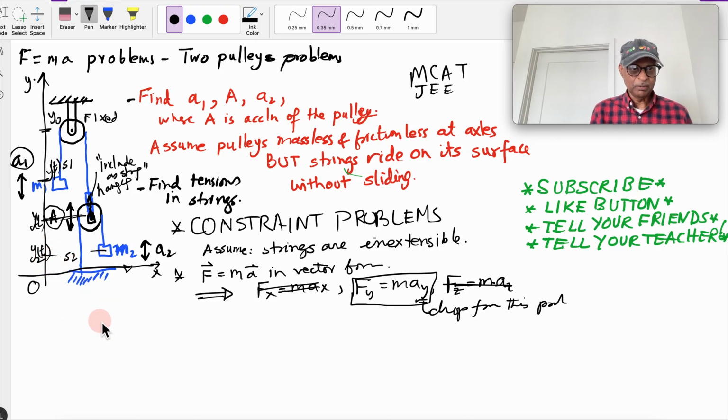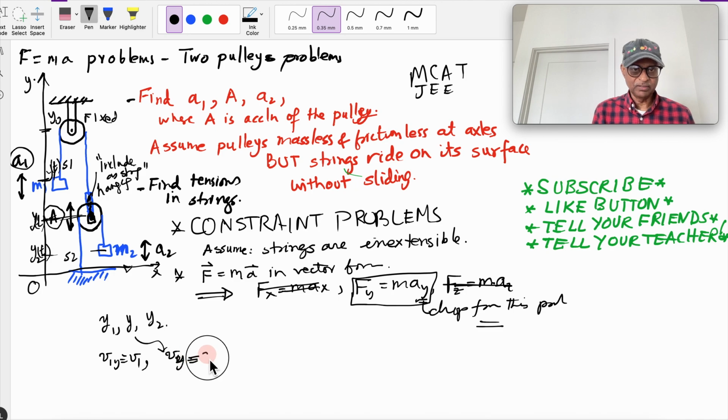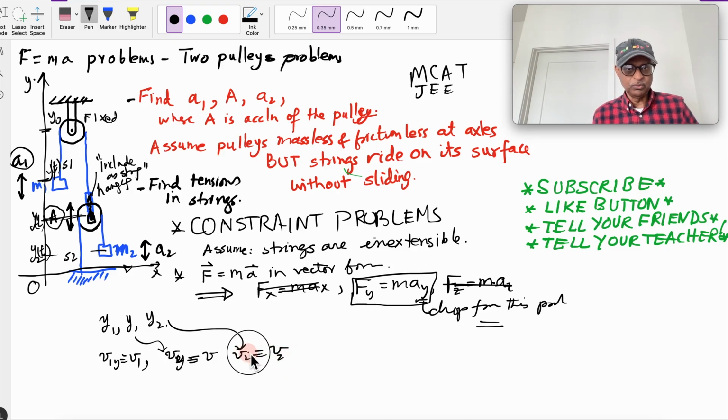So we'll have a y1, y, and y2, and then v1y, we're going to write just v1 using that notation. And its velocity will be vy. We're just going to write v. And this will be v2. v2y will be just v2.